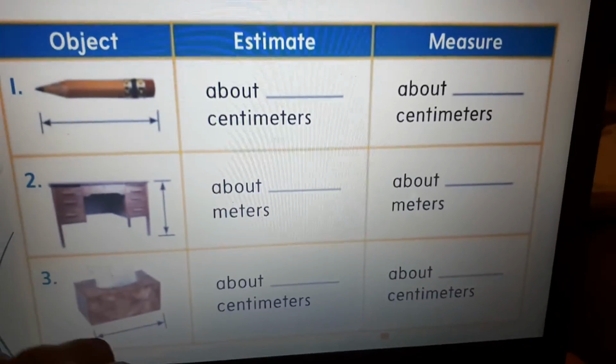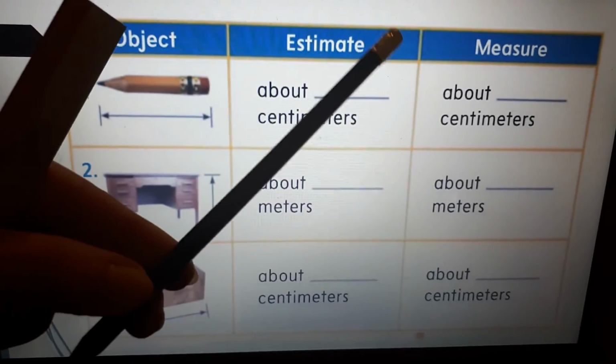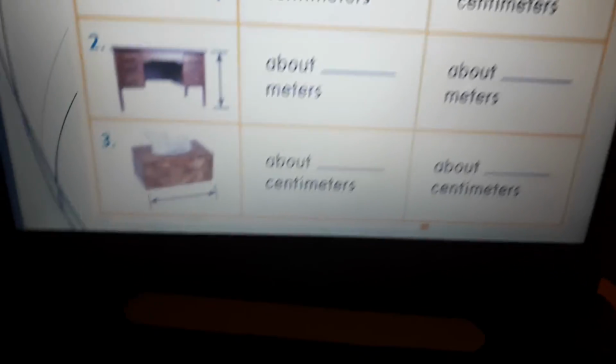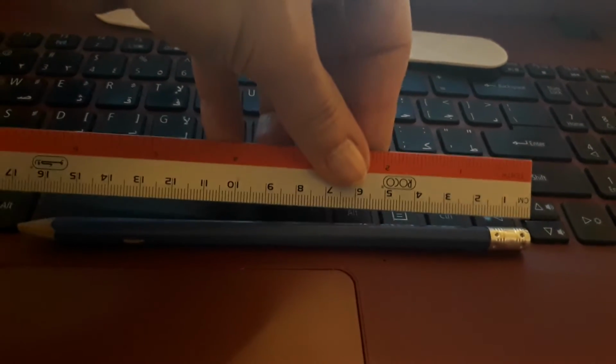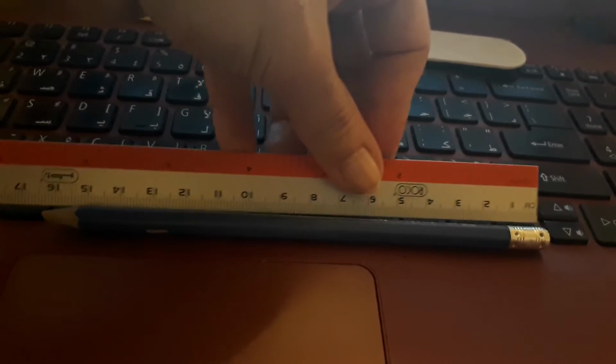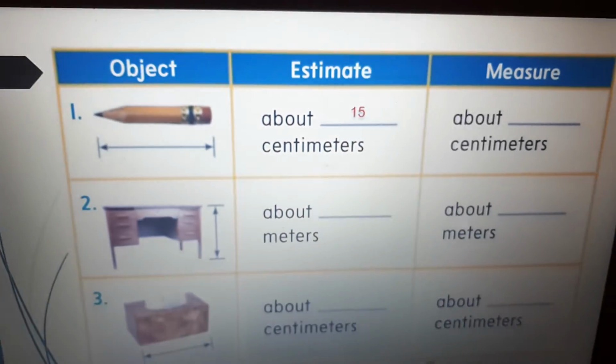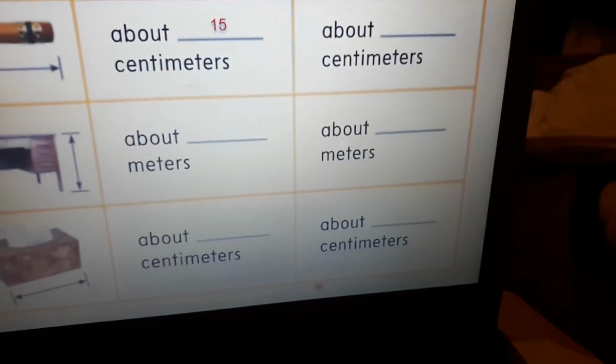Now look at this pencil here. I want to measure it. I will start from 0. It is 16 centimeters. You see? Oh, it's 15.